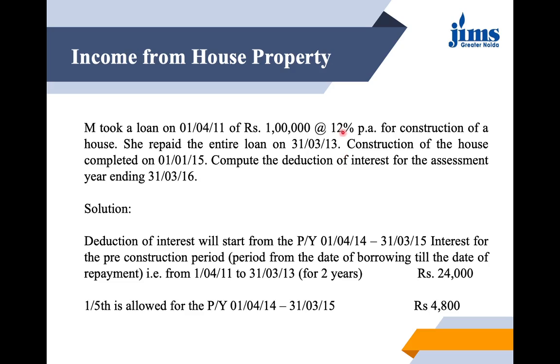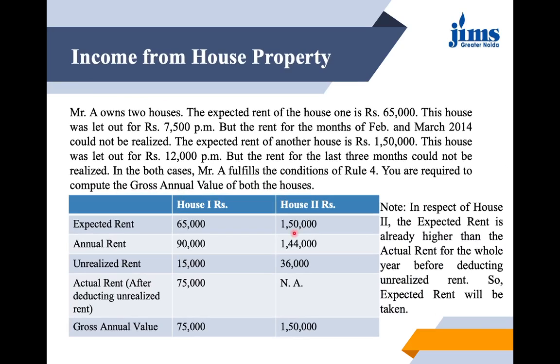So we can just charge 12% of rupees 1 lakh, which will come out as 12,000. So it is a period of 2 years, so 12,000 into 2, rupees 24,000. Then we know very well that we are allowed to carry it forward for 5 years, so 1/5 will be allowed in this particular year. So we can just divide it by 5 and obtain 4,800 as the amount and solve it further.